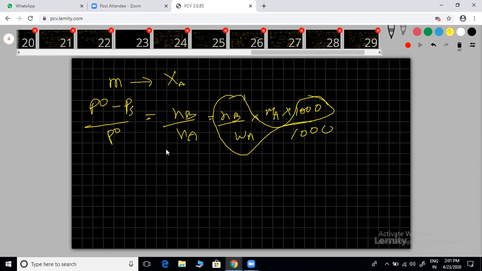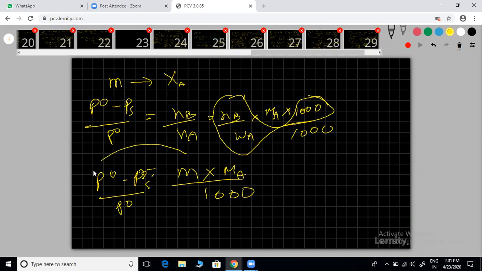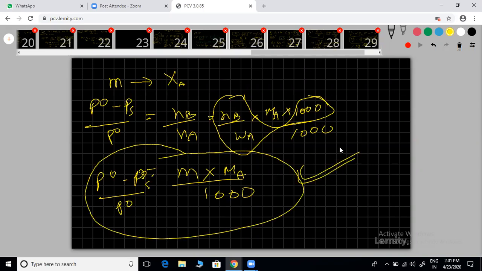So you can use here molality into molecular weight by 1000. This is the molality and mole fraction relation, sorry, the molality and relative lowering of vapor pressure relation. So we can use these interrelations for this purpose.